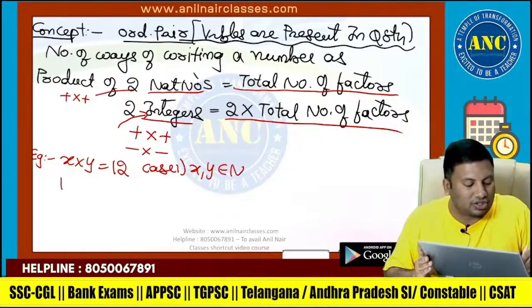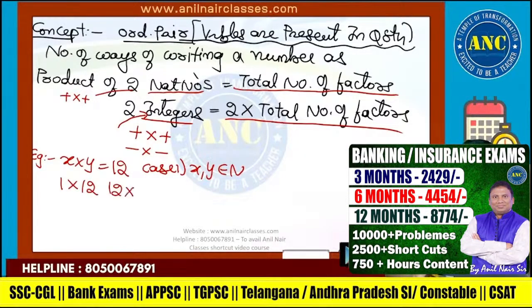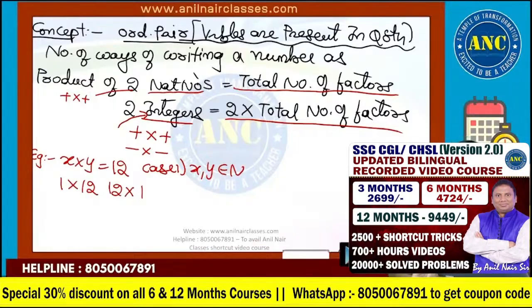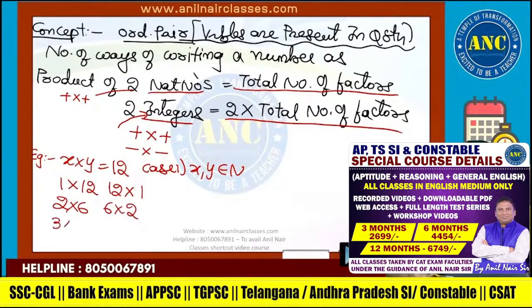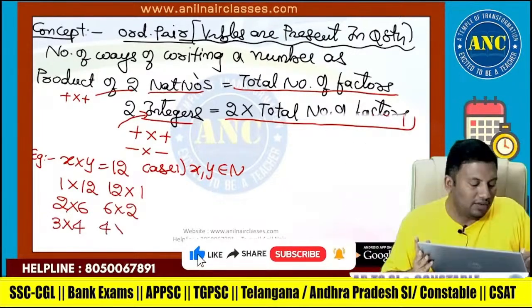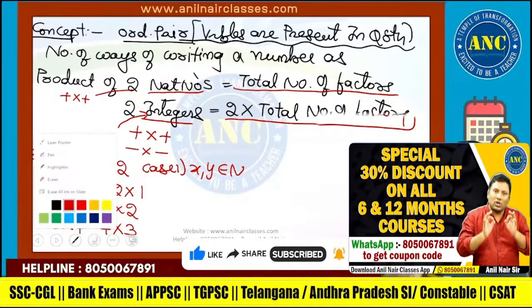Then 1 into 12, 12 into 1. Step number 1, x is taking 1. Step number 2, x is taking 12. Then 2 into 6, 6 into 2, 3 into 4, 4 into 3.